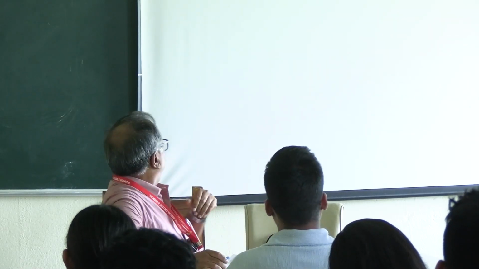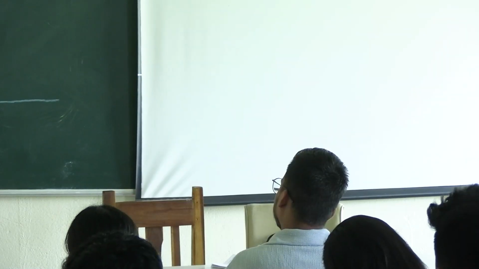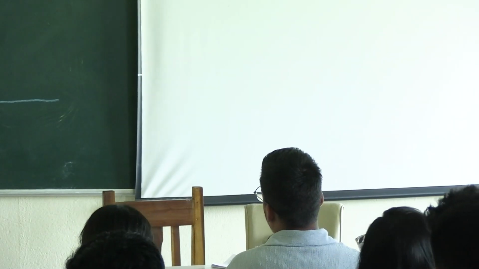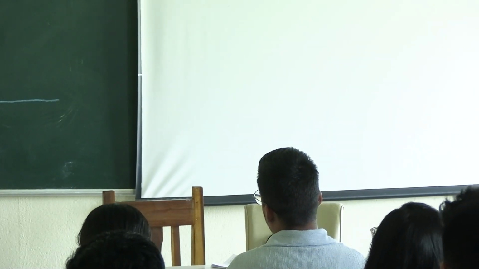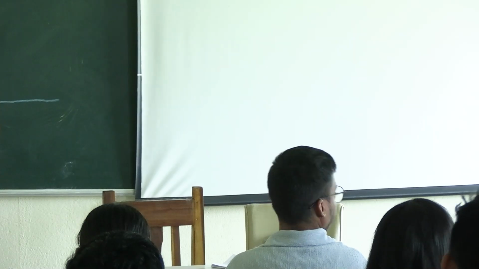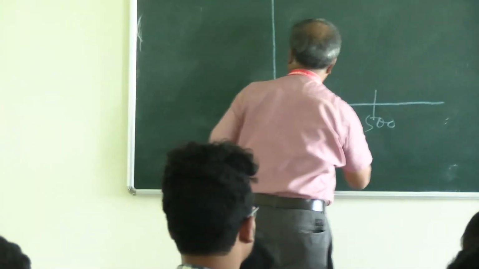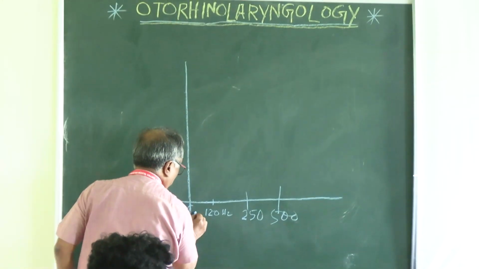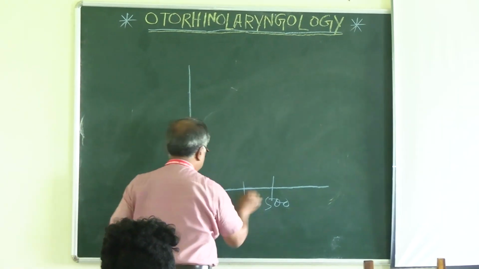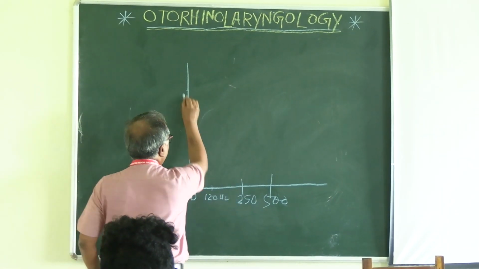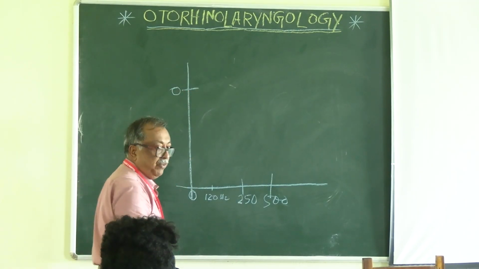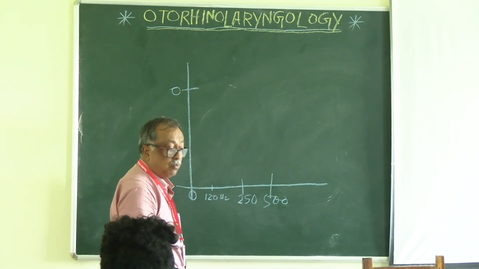If you see, here is 125 hertz, here is 250, here is 500, like that. But it is starting here from 0. This is the frequencies. But here it is not 0, the 0 is here. That is the audiometric reference 0.